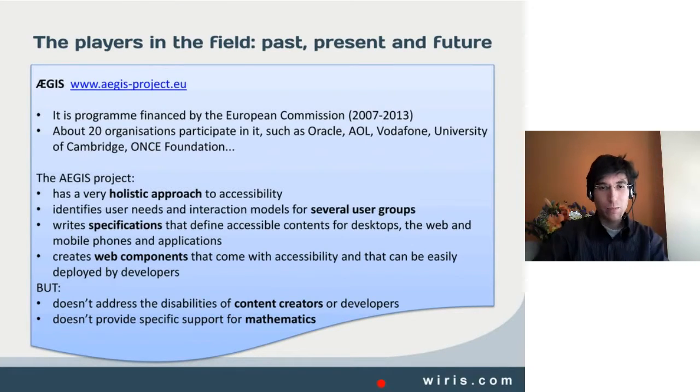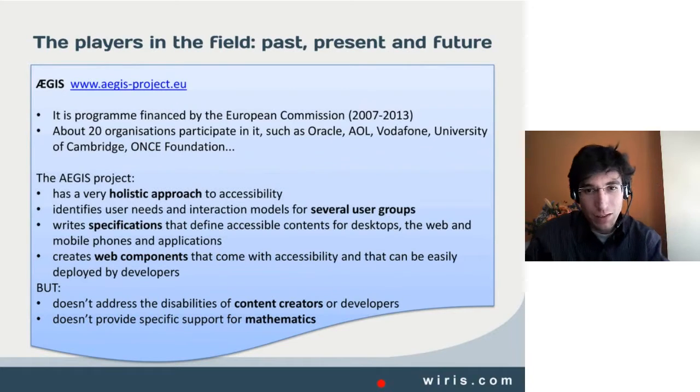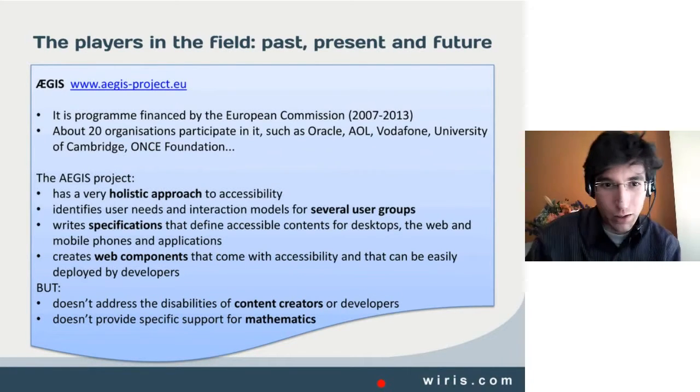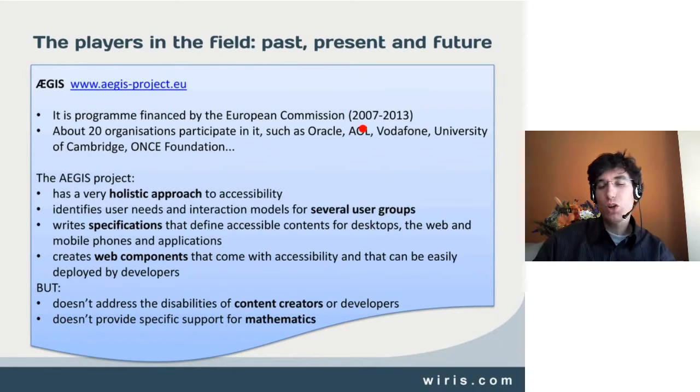So this IHS project is a large one, just completed. It's been a 6-year project funded by the European Commission and many other people. You can see companies, universities, and many more that I left out. This one is a generic project dealing with accessibility, very interesting when it comes to standard definition and to thinking things from a very abstract way.